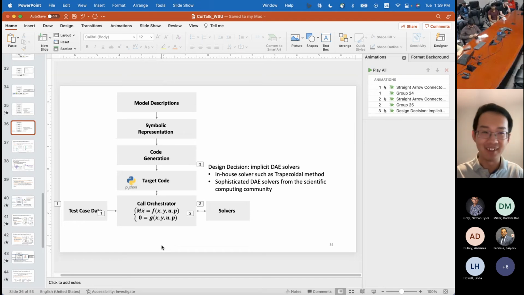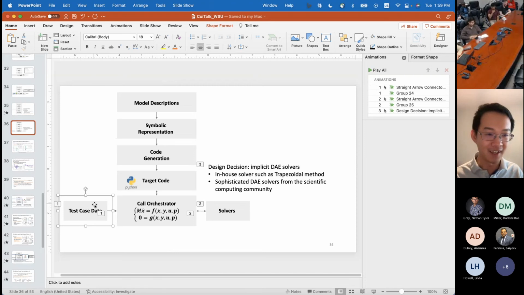Yeah, thanks for the comment. That is one comment I got from one of the proposal reviews, and I think these two complement each other. Model reduction can happen offline, that is, constructing simplified test cases, for example.